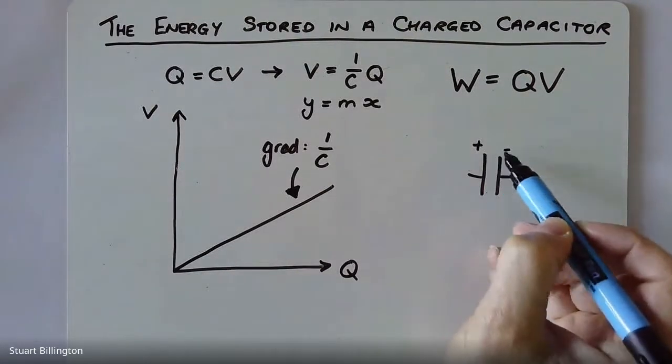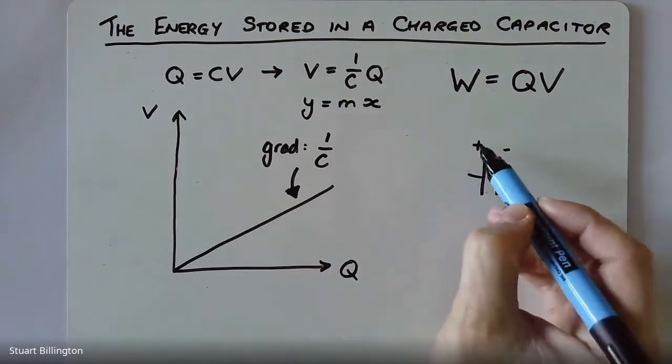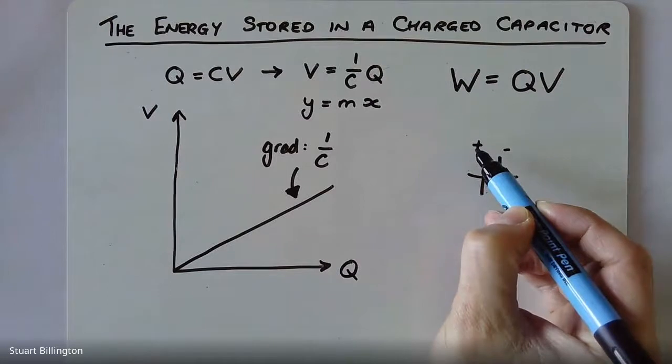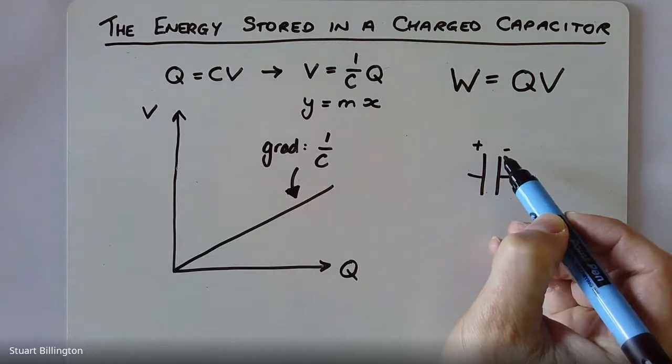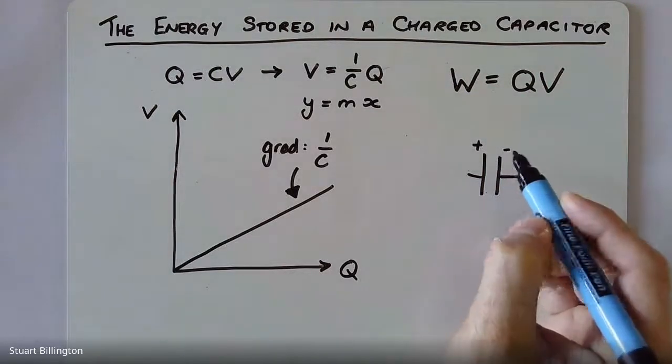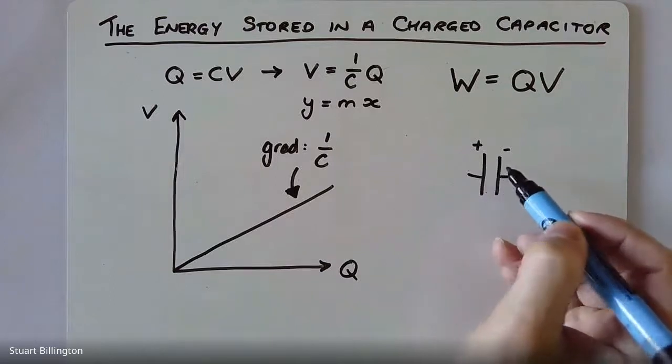Well, moving 1 electron means that there is just 1 lot of attraction pulling it backwards, and there was no repulsion to place it onto a neutral plate. So it didn't really take very much work to move the electron from one plate to the other.